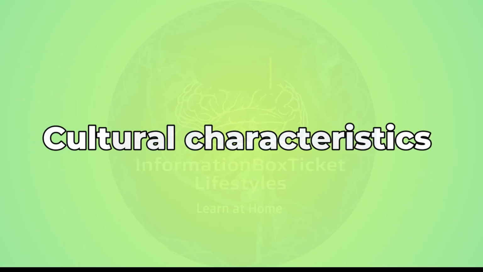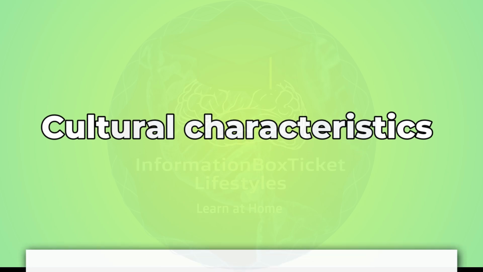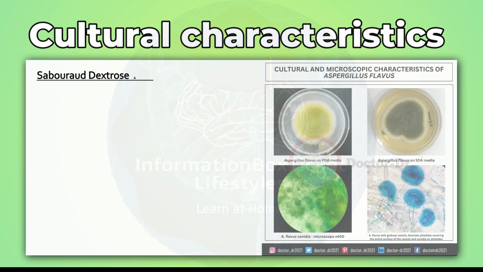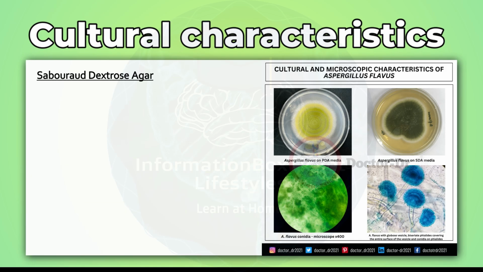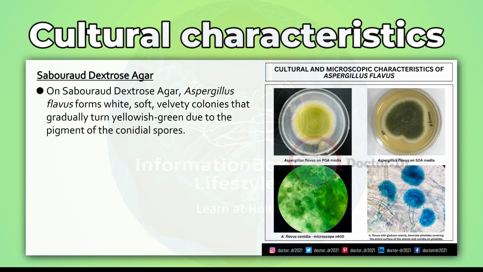Cultural characteristics of Aspergillus flavus. Sabouraud dextrose agar: on Sabouraud dextrose agar, Aspergillus flavus forms white, soft, velvety colonies that gradually turn yellowish-green due to the pigment of the conidial spores.